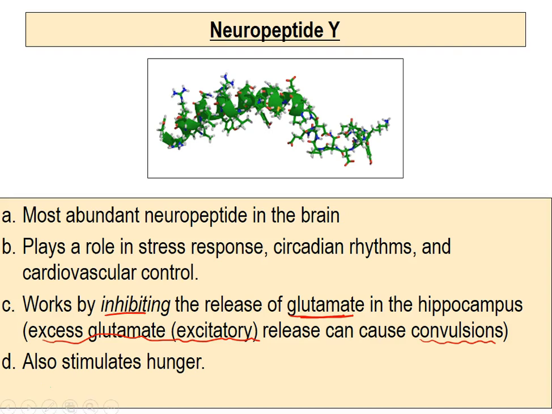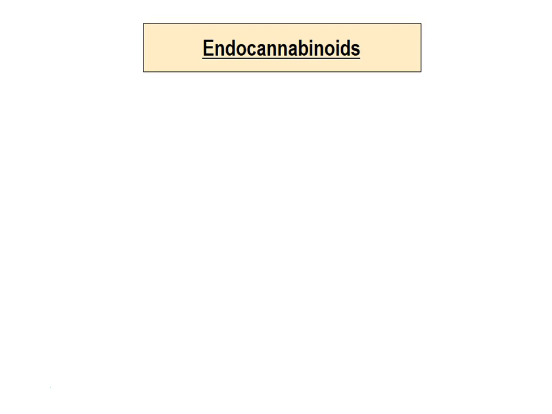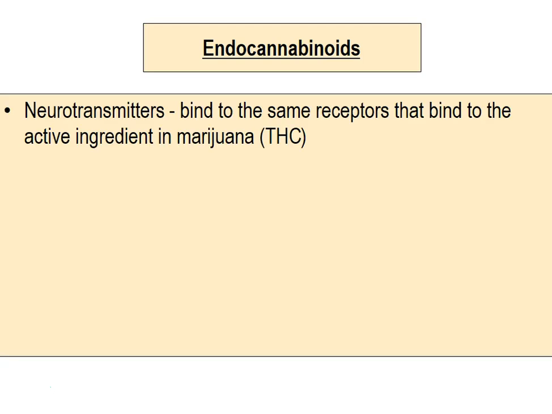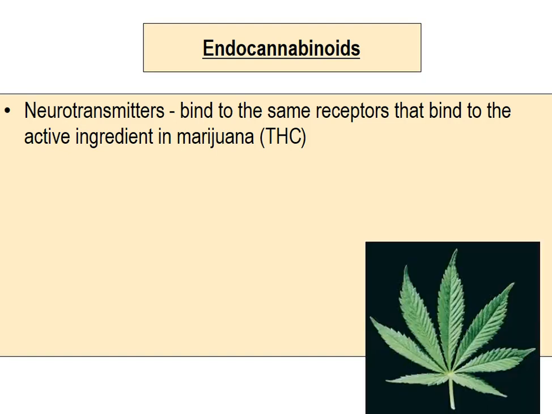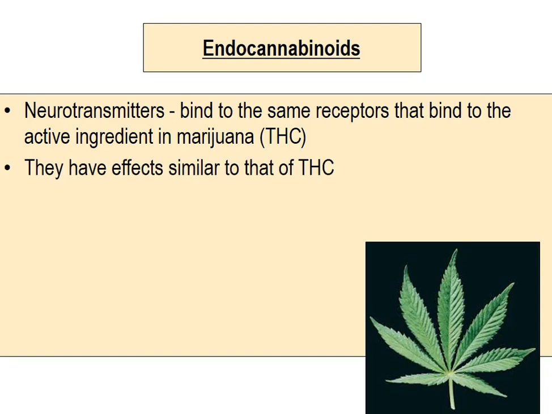In addition to neuropeptides, you have the endocannabinoids. These are neurotransmitters that bind to the same receptors that bind to THC found in marijuana, and so they have effects that are similar to that of THC, tetrahydrocannabinol.